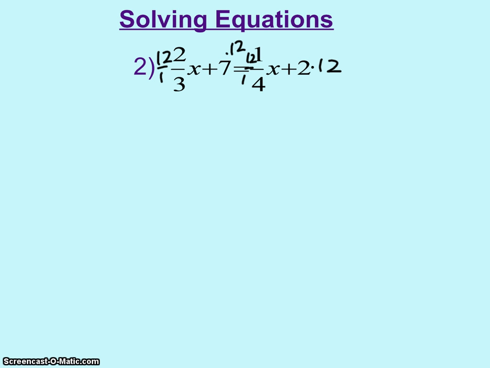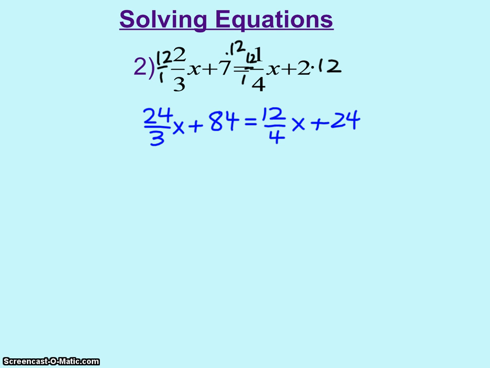Okay, so the first one, 12 times 2 is 24, 1 times 3 is 3, and then the x, plus 7 times 12 is 84, equals 12 times 1 is 12, 1 times 4 is 4, and then the x, plus 24.